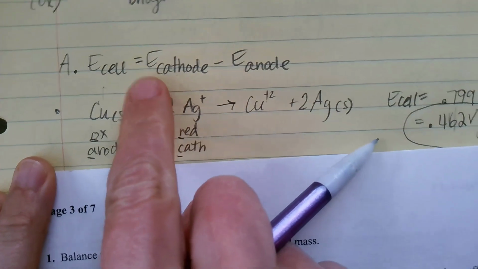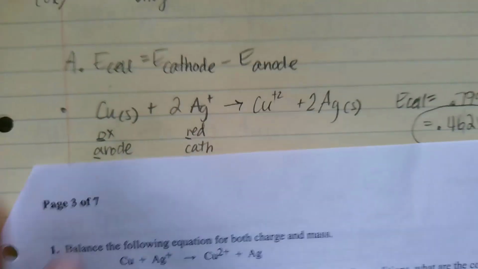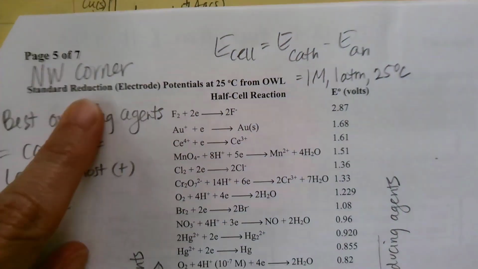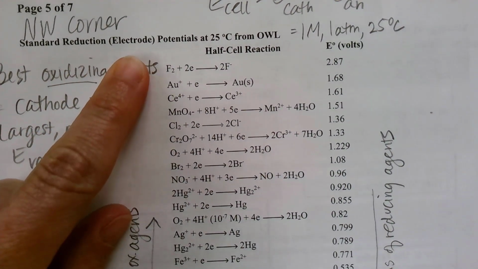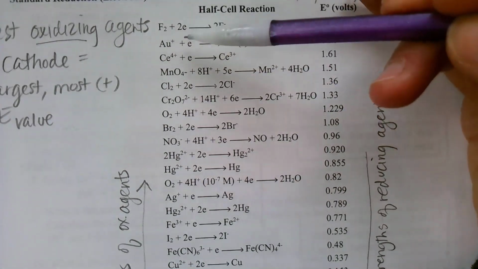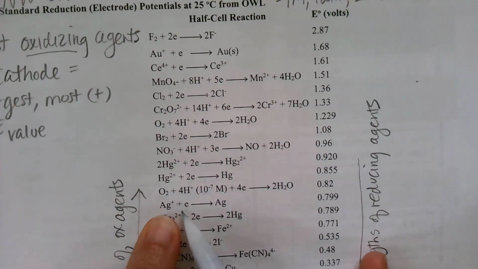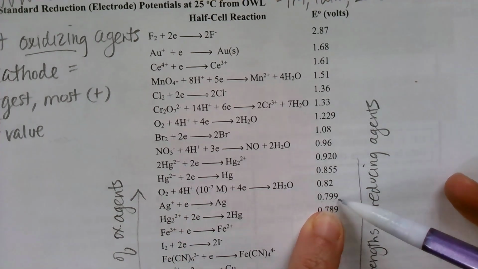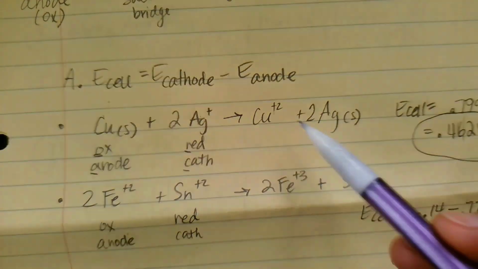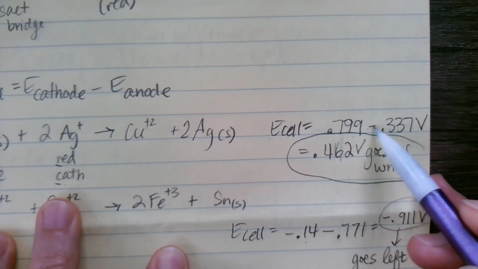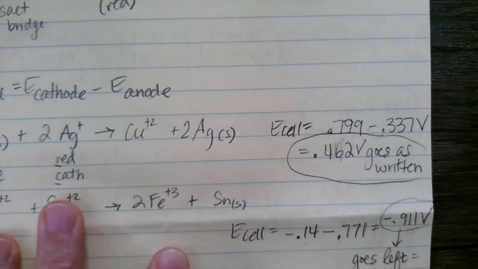Now we need to figure out what the E of the cathode is. So I'm going to flip my page to our standard reduction electrode potentials, and I'm going to find for silver my Ag plus. It says Ag plus, my E naught is 0.779, and we said our silver was our cathode. So to find our E cell, I'm going to say 0.779 minus, let's find our anode, which is our copper.